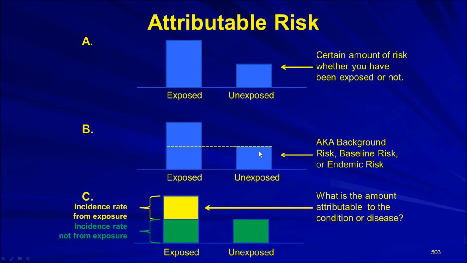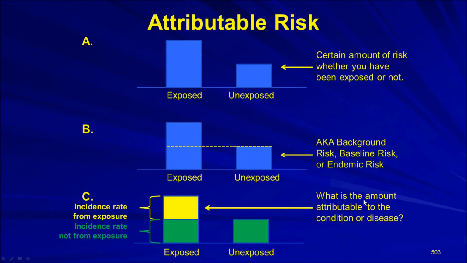Now, if you subtract, which we're going to do, this is the unexposed group, and this is the number of people who are going to become ill even though they didn't smoke. They're going to develop lung cancer even though they didn't smoke. And so we're going to subtract these two, and this is the attributable risk to smoking right here, not this. This is the baseline amount.